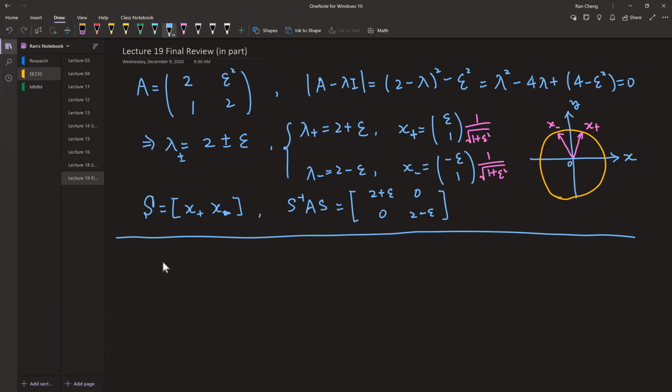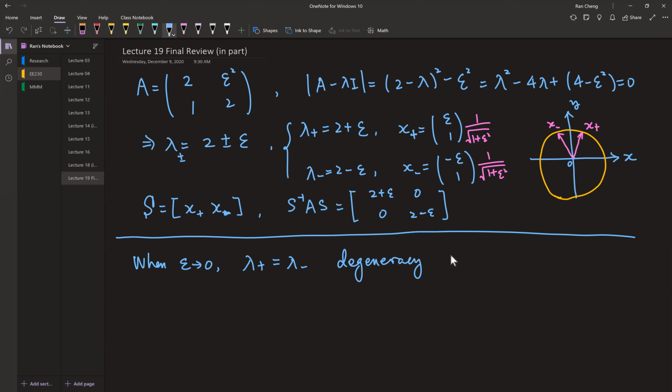Then what is interesting is that when epsilon goes to 0, lambda plus and lambda minus coincide with each other. So now we have a degeneracy.